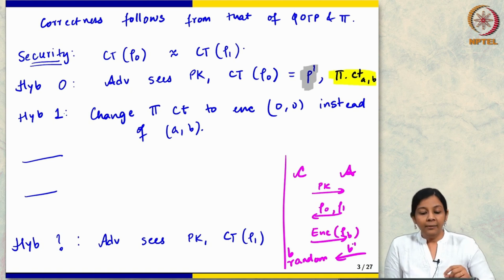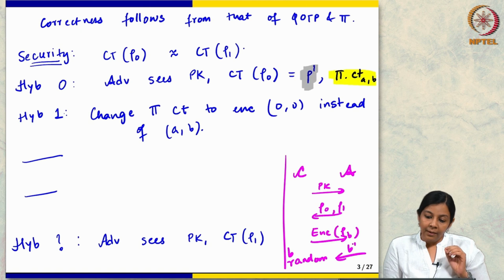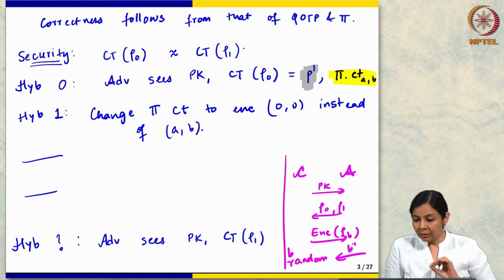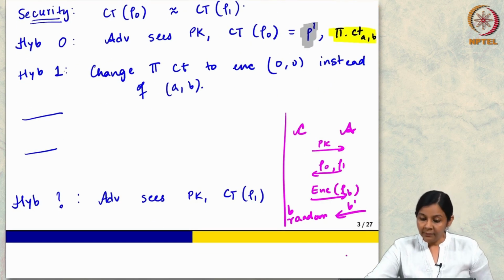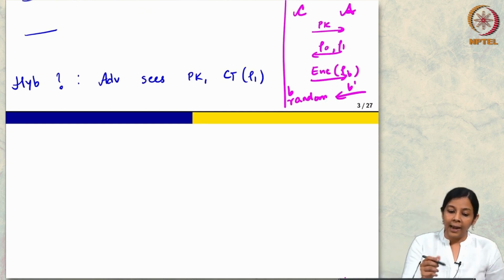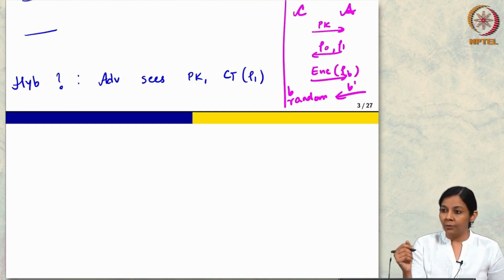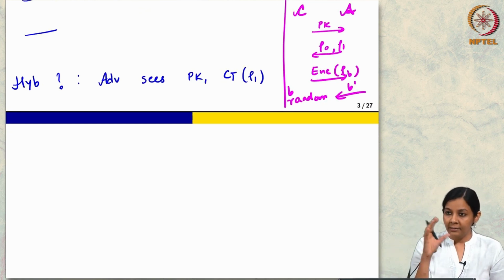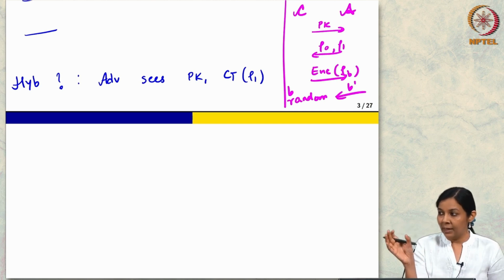And actually the reason that I can go from hybrid 0 to hybrid 1 is not totally obvious, it actually needs a proof. So, the reason it is true what your classmate said, that I can go from hybrid 0 to hybrid 1, which is that I can change the bits in the PKE ciphertext, the classical ciphertext.